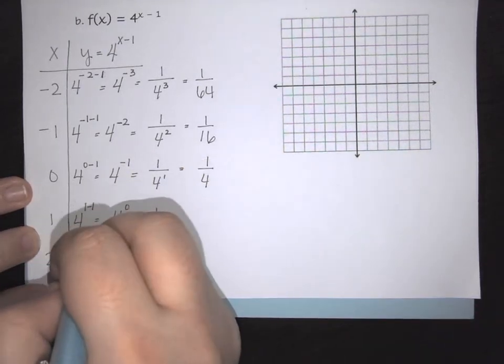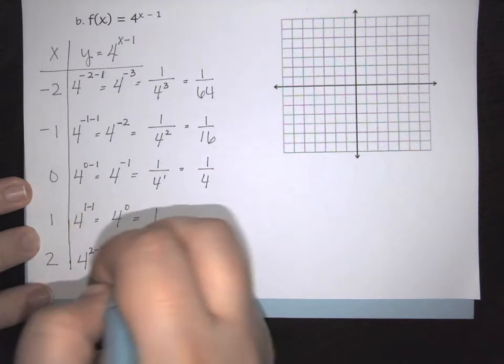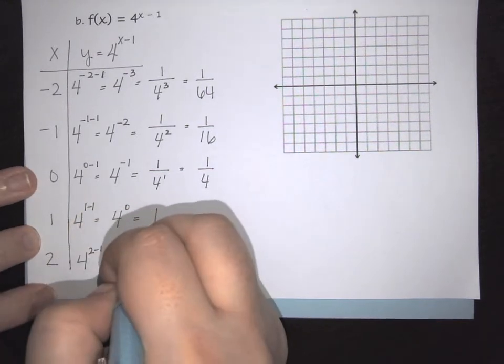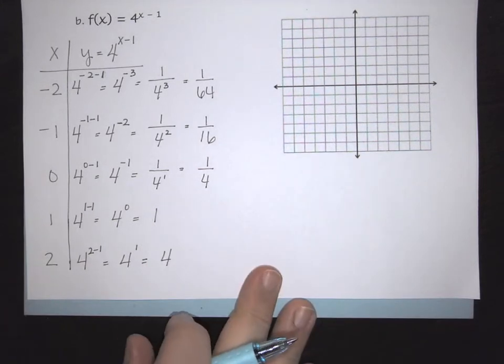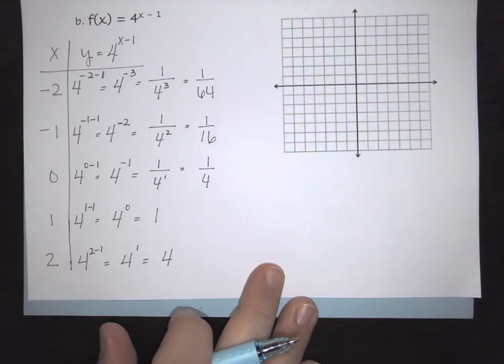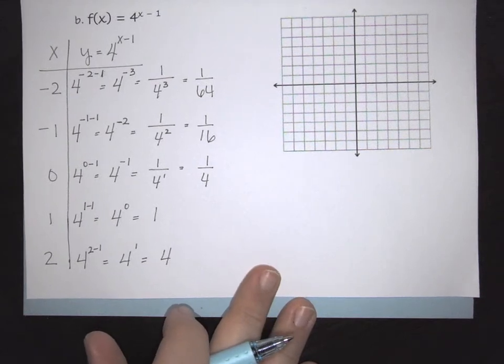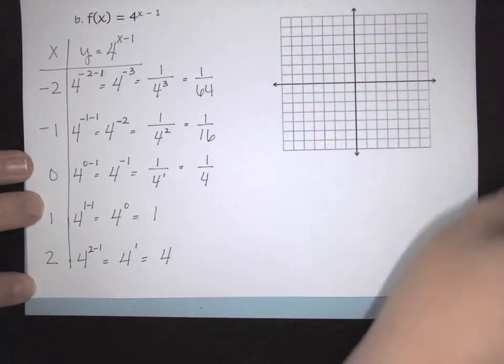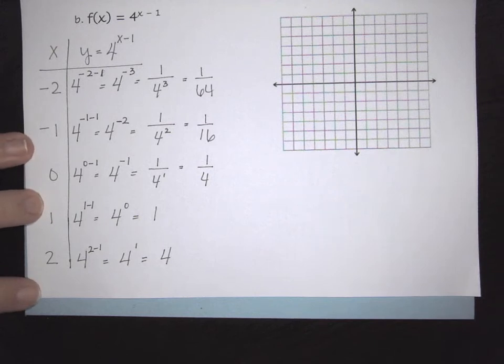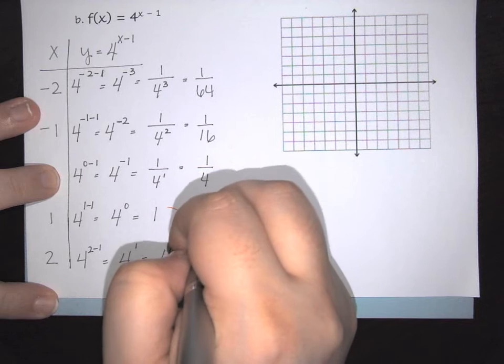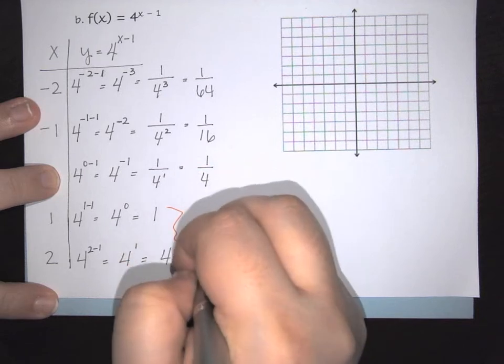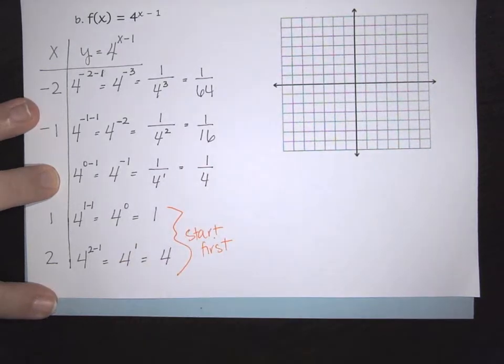And last, I have 4 to the 2 minus 1. This is the same as 4 to the first, which is 4. So I've filled out my table. I should have plenty of points to be able to graph what I need to graph. Just like before, I would start here and graph these points first.